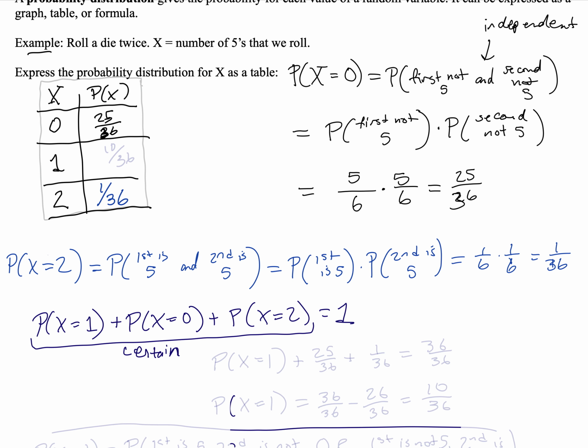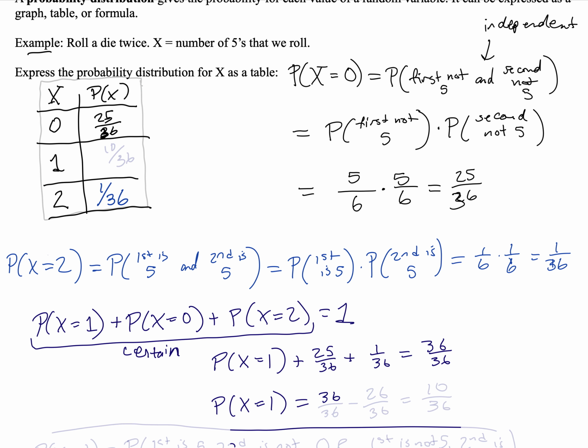And therefore we could use that to say that the probability that x equals 1 plus the probability that x equals 0, that's 25 out of 36, plus the probability x equals 2, that's 1 out of 36, is equal to 1, that's 36 out of 36. And so the probability that x equals 1, we could subtract those values to the other side.